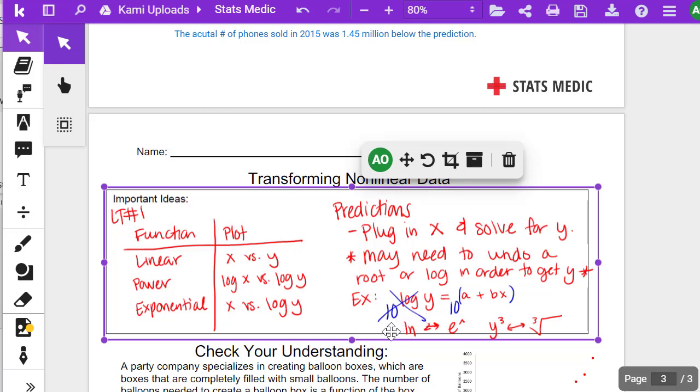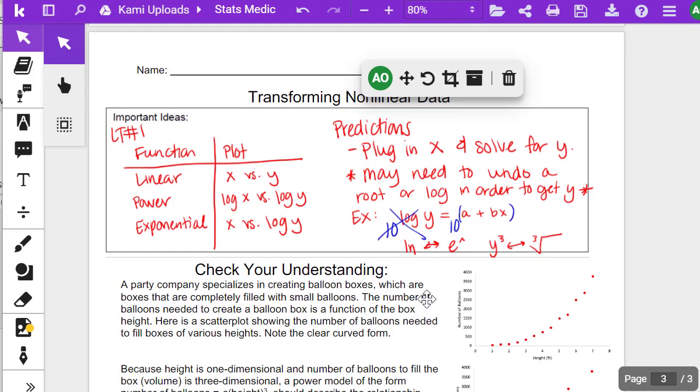So remember that if you have a log function, just put 10 to the log and then 10 to this. These two are the inverses of each other, so it's like taking a square root and squaring, or squaring and then taking a square root. They undo each other. If you have a natural log, we use e to the x, and that's actually quite common in real life, although I'm not sure it's going to be a huge deal for us.